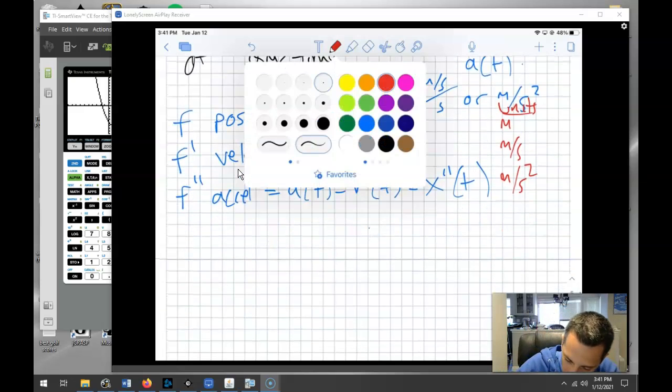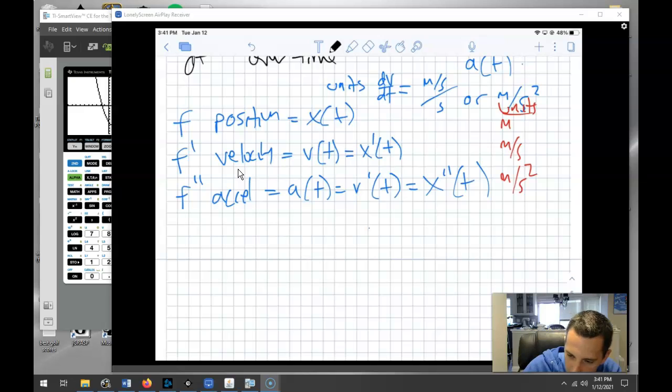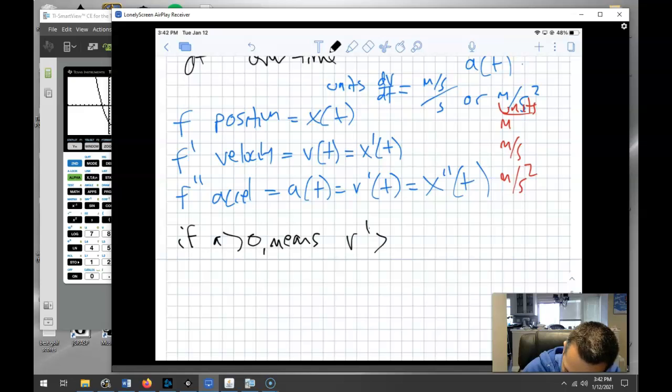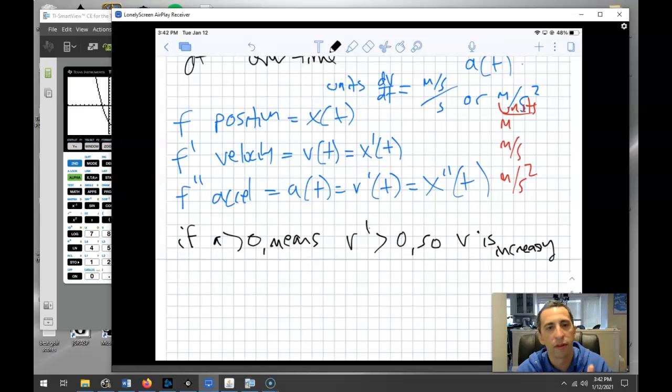In terms of how you want to interpret this, if your acceleration is positive, that means that your v prime is positive. So that means that your v is increasing. If your derivative is positive, it means your original function is increasing.